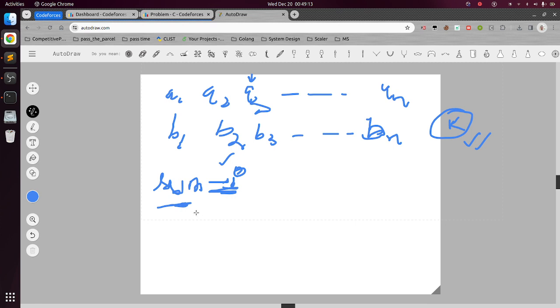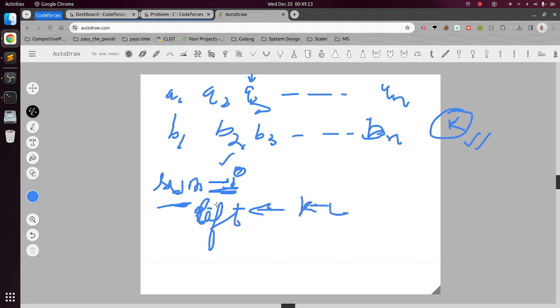So the quests that are left are k minus i, or with 1-based indexing, k minus i plus 1.